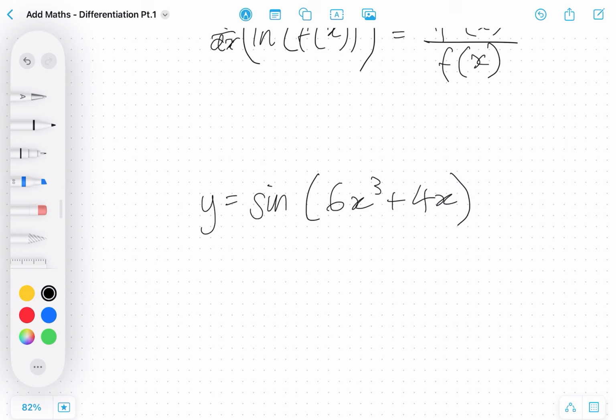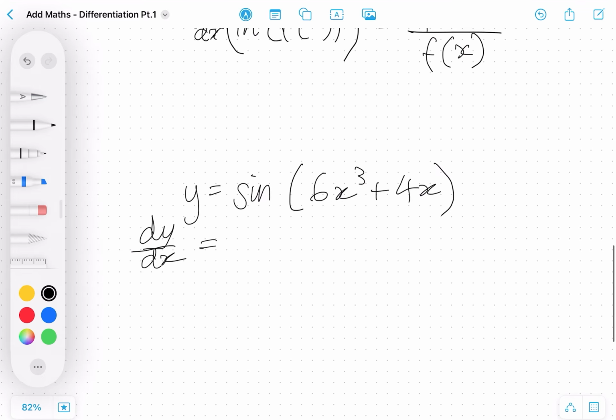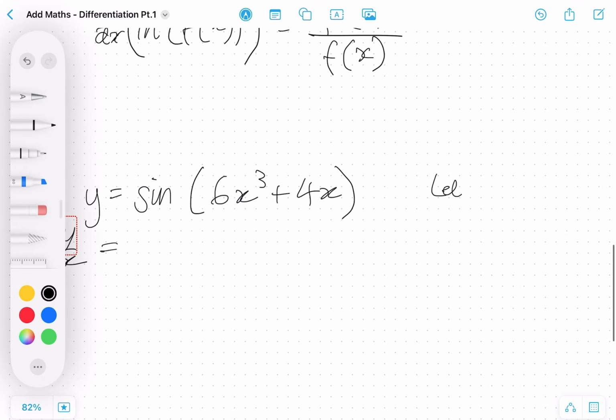We want to find dy by dx. Now how do we do this? Again, we can use the chain rule. We let u equal this inner function, what is in place of the x. So u is equal to 6x cubed plus 4x.